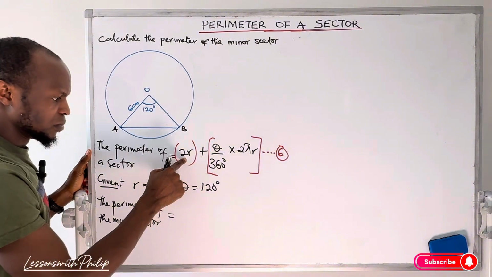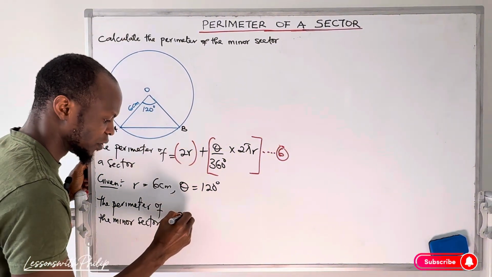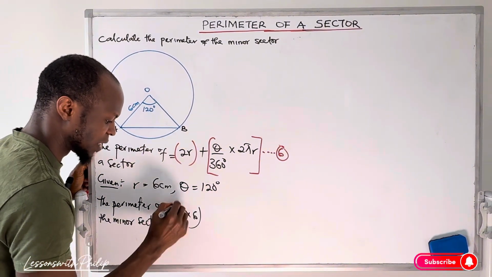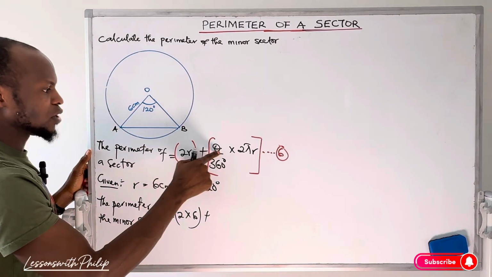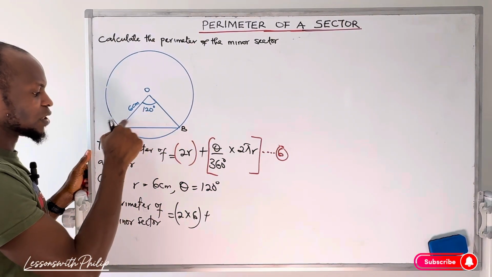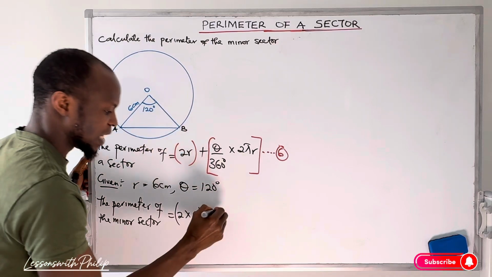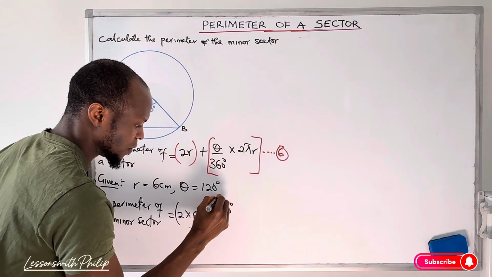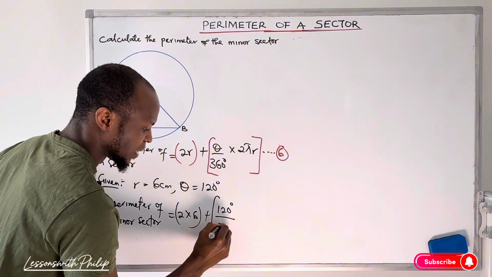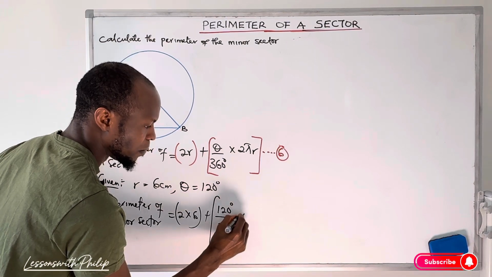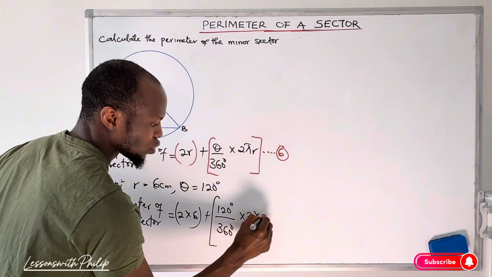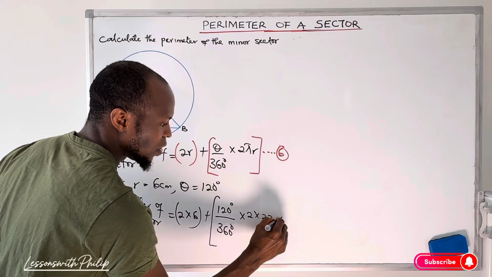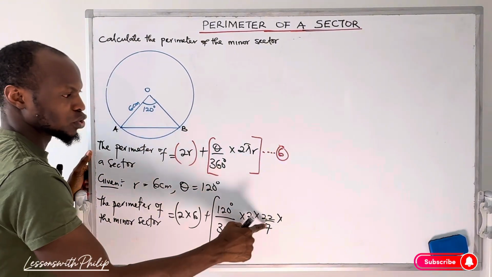Now, we go to the formula: 2 times radius, and our radius is 6 centimeters, plus my angle, which is for the minor sector, 120 degrees divided by 360 degrees multiplied by 2 times 22 over 7, my pi, multiplied by the radius.